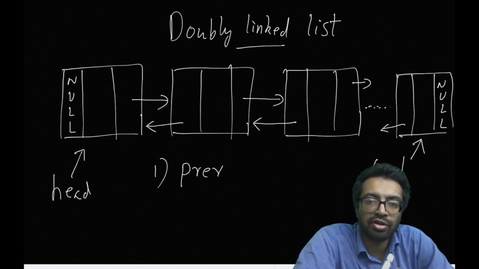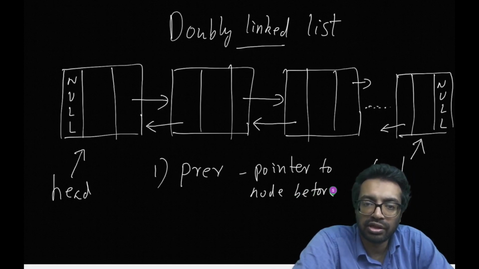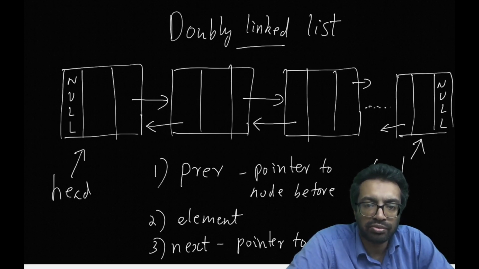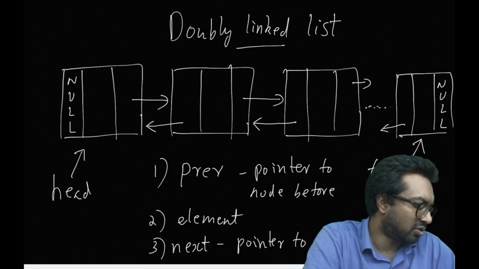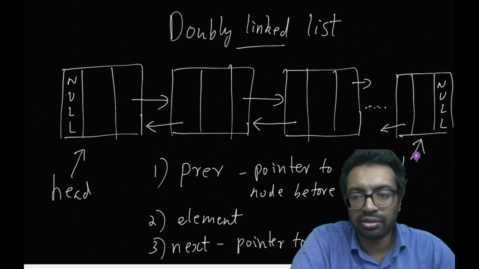This is kind of the opposite of a next pointer. Second, we have an element, and third, we have a next pointer which is pointing to the next node. As you can also see, the linked list also has a head pointer and a tail pointer.